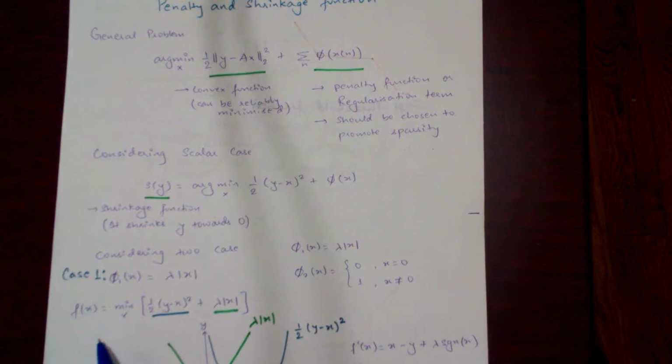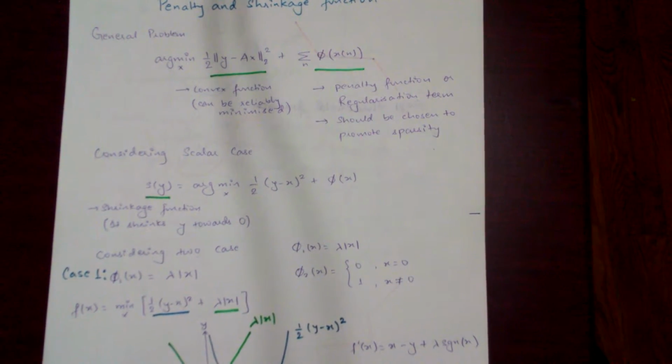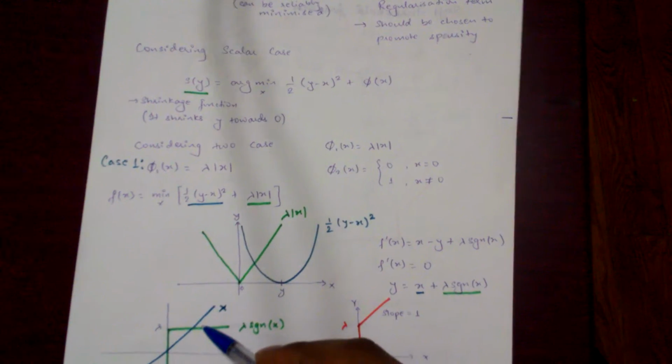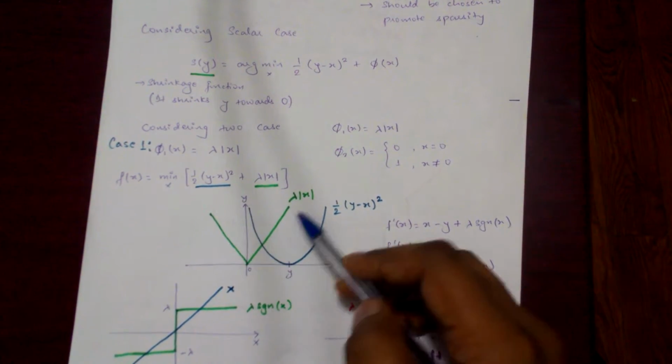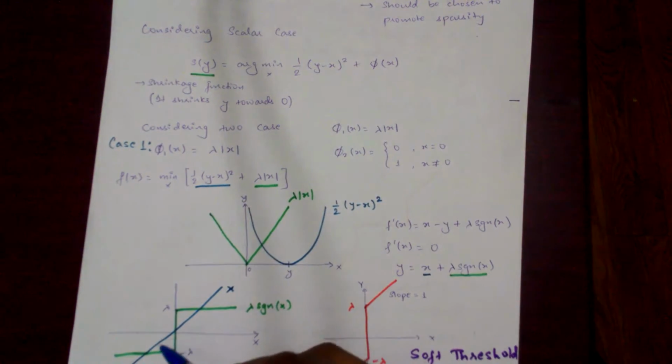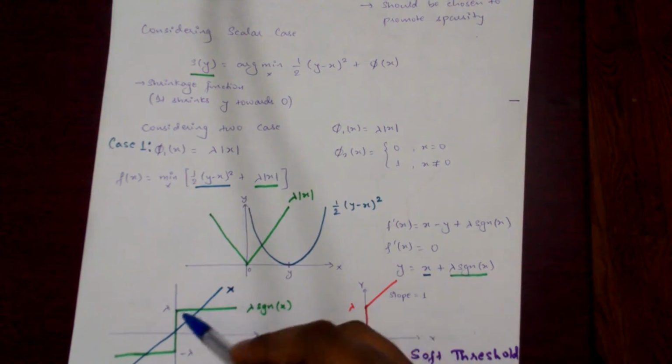To find the shrinkage function we should minimize f of x, and it can be done by taking a derivative. By differentiating half of y minus x squared, we get a straight line. And by differentiating the convex function lambda times absolute x, we get a signum function.